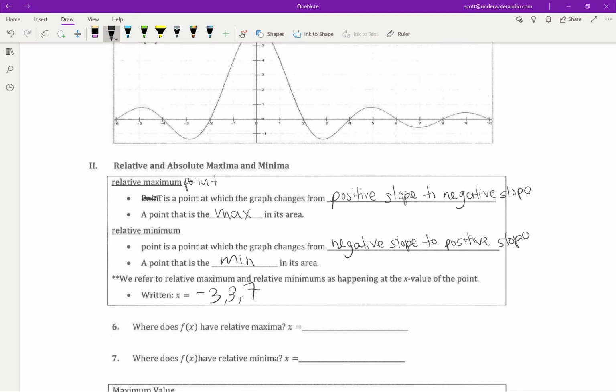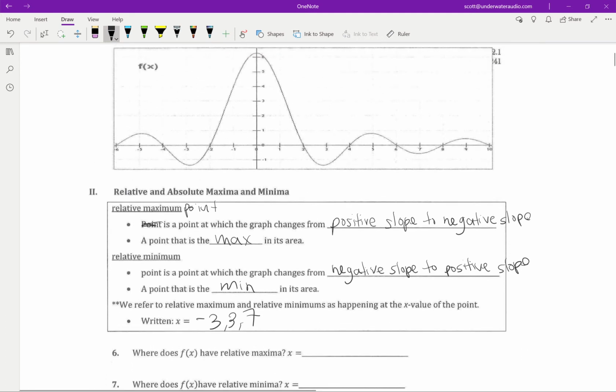Where does f of x have a relative maxima? X equals, so again, we're using the x values. For maximums, there seems to be one here, here, here, and here, the little peaks. And instead of looking at how high they go, I just want to look at where they happen. And that's at x equals -5, 0, 5, and 9.